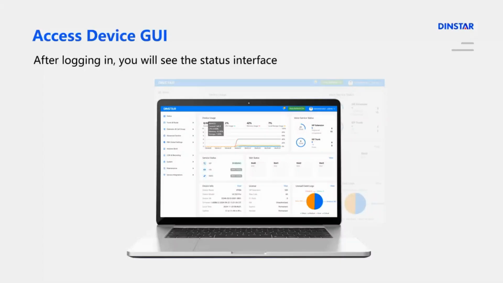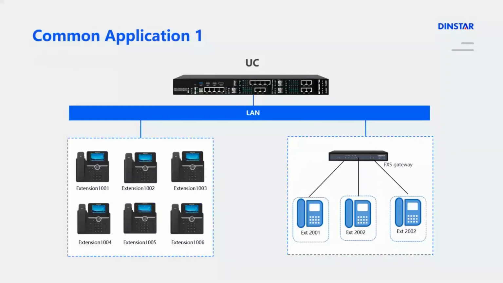Okay, so next let's check the configuration for call making. Let's make internal calls and have all these extensions registered to our UC. So step 1, we have to go to the network page and set the IP address for the service port.